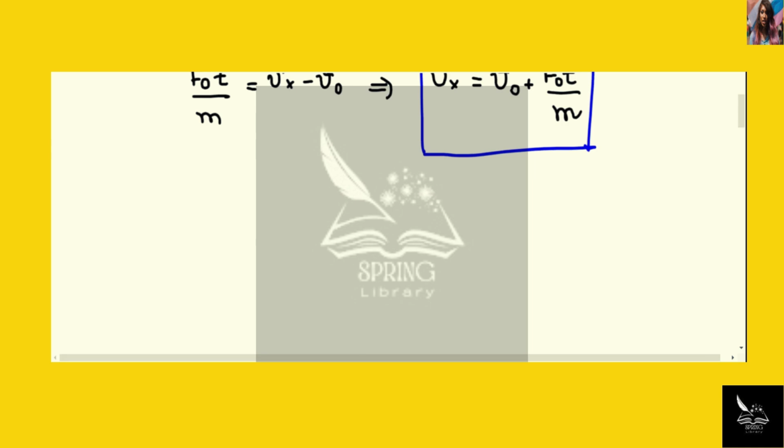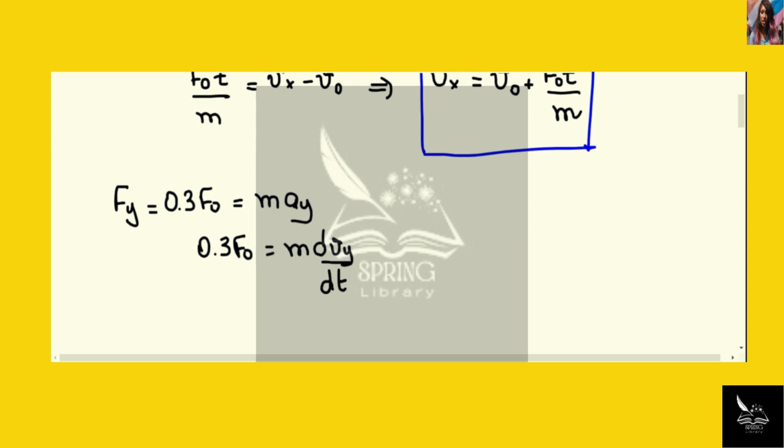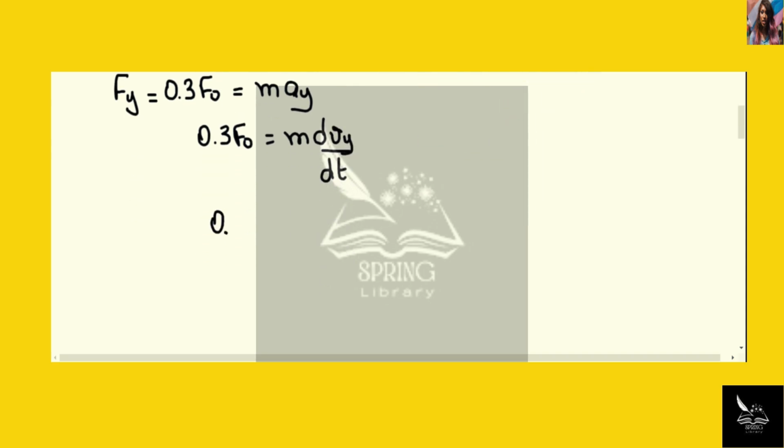Now we have to find the y component. Fy is equal to 0.3 F0, and this is m ay. So we have 0.3 F0 equals m dvy dt. So 0.3 F0 dt is equal to m dvy, and let me write it as 0.3 F0 divided by m dt is equal to dvy.